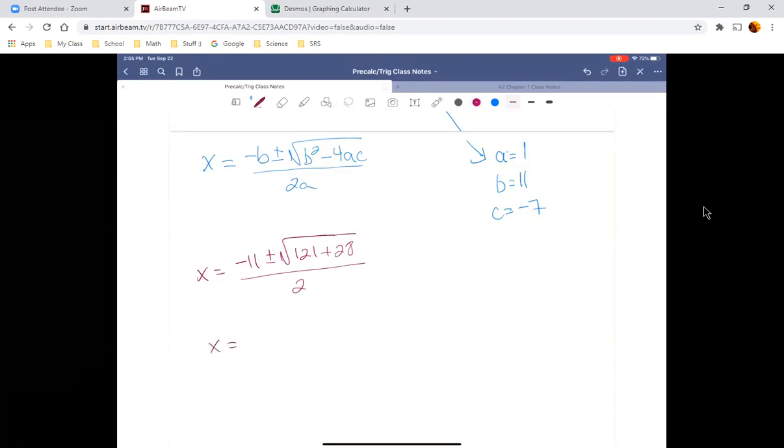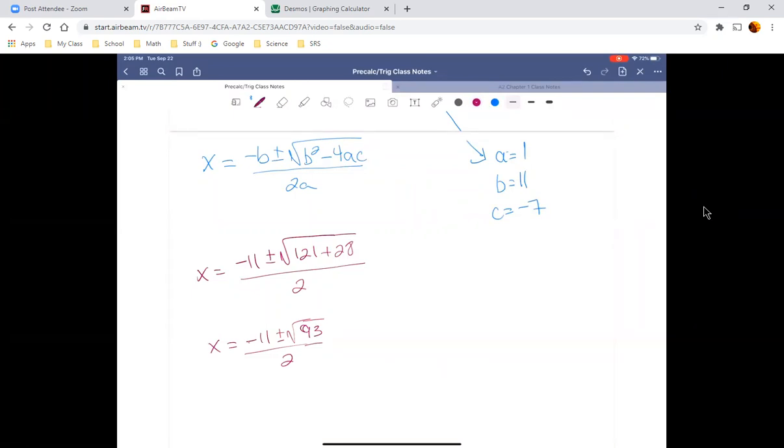Now we're down to x equals negative 11 plus or minus the square root of, we figured that one out, 149.